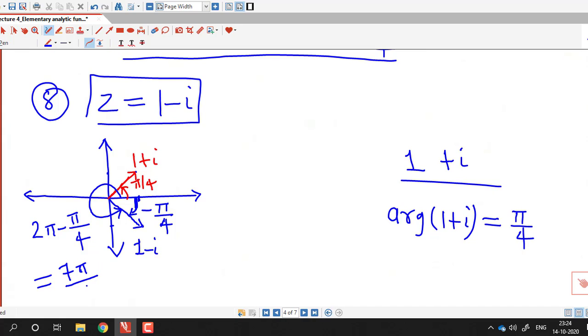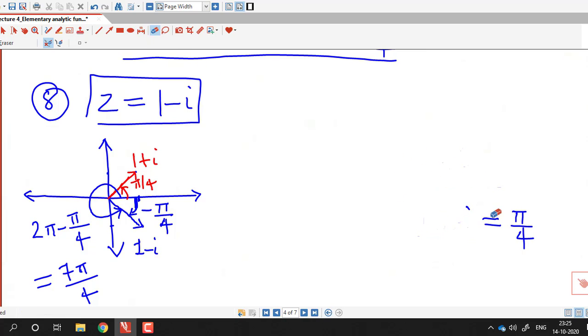So if you wish, you can write 7 pi by 4 as an argument of 1 minus i, or you can write the argument of 1 minus i as minus pi by 4 plus 2n pi also. So once we have the argument, then half the work is done. It is not hard to find the absolute value of the complex number.